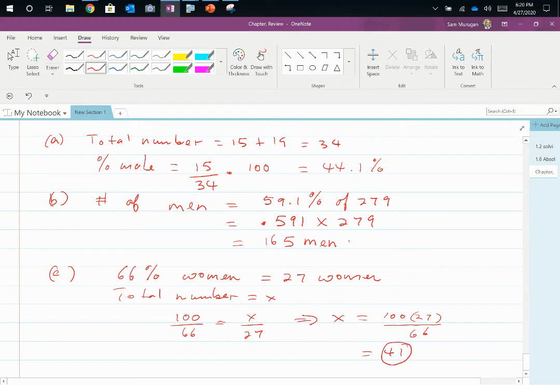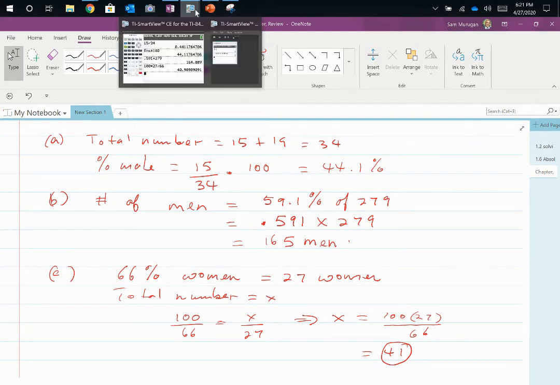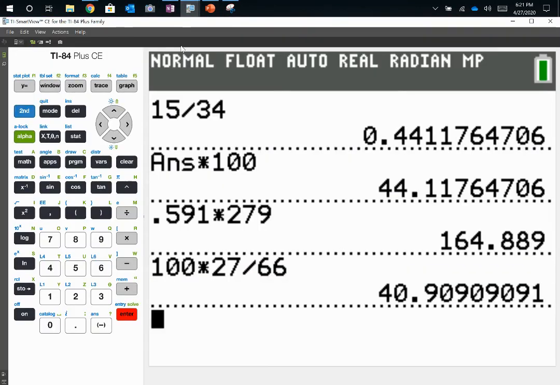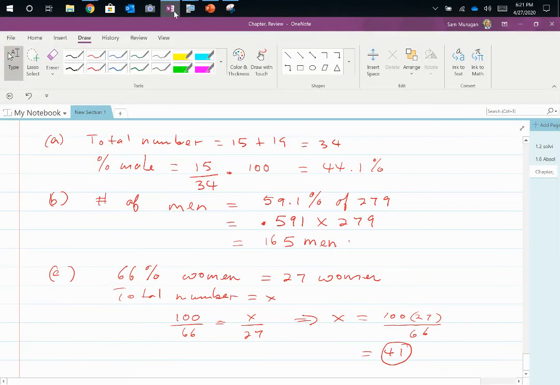Remember, we have to round it up because we obviously can't have 40.9 people. So we round it up to the nearest whole number. So 41 students.